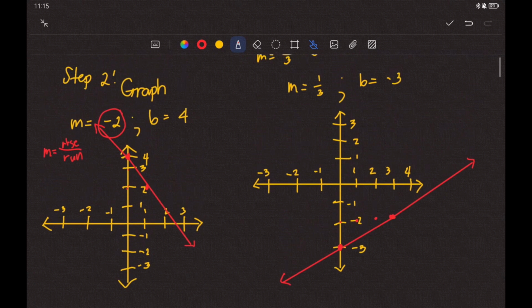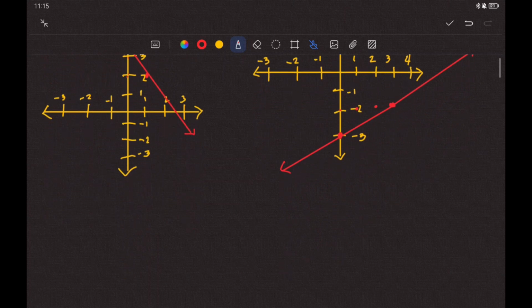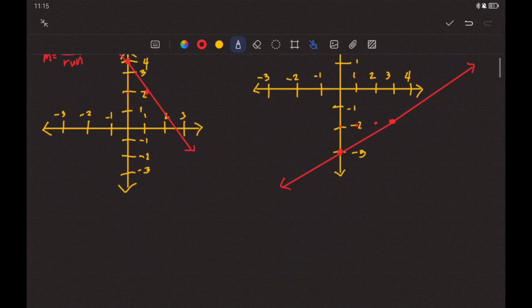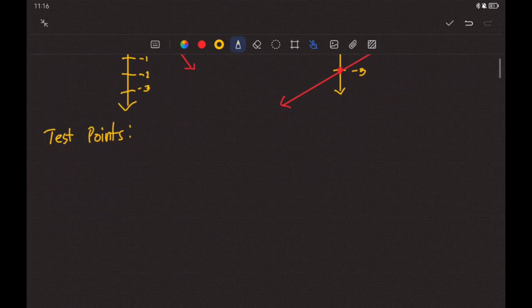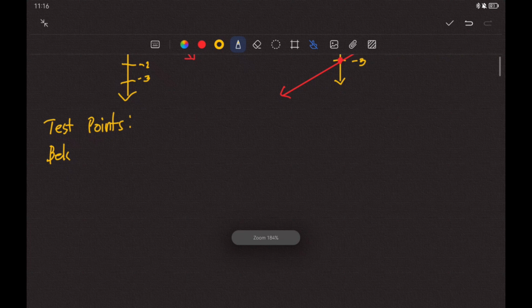Now let's determine the solutions for the two graphs by using the test points, for the below and above.